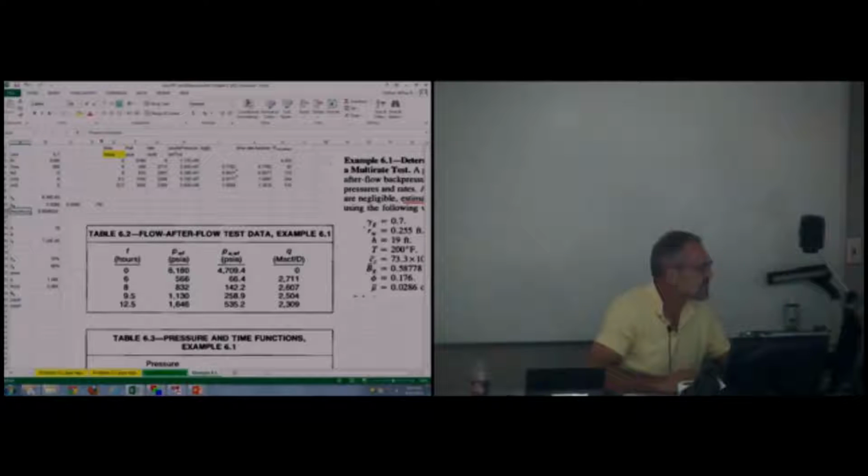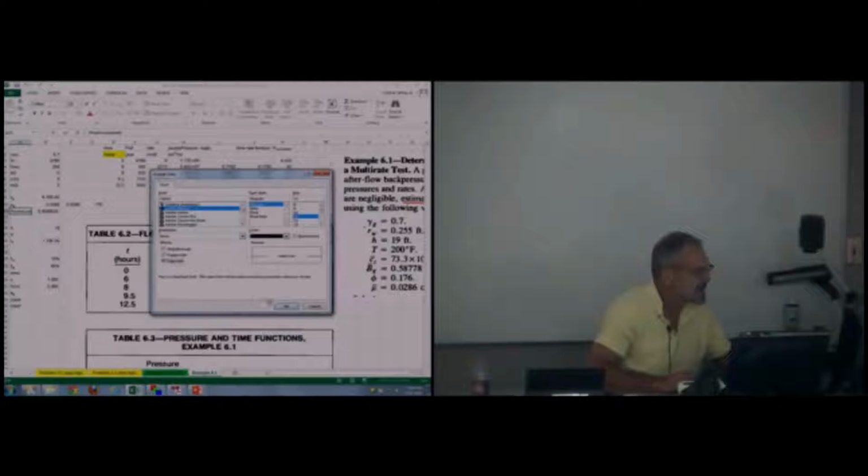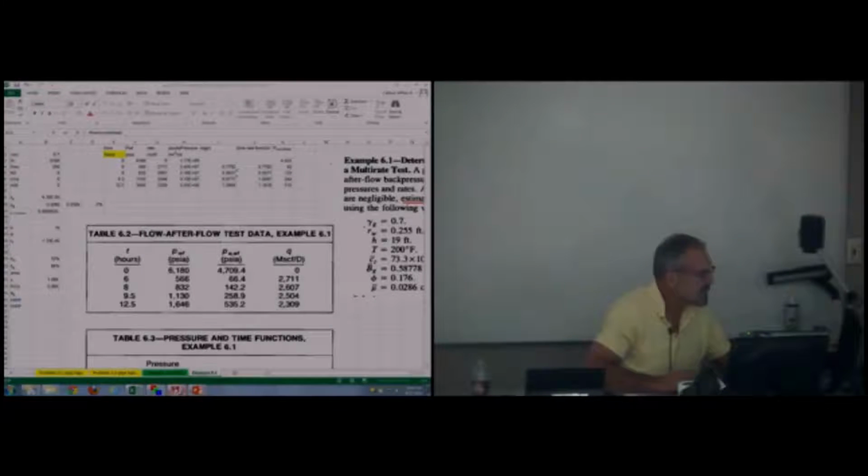Can you show us how to get that constant number? That constant number? Yeah. Can you zoom in again, please? I paid attention to the textbook.